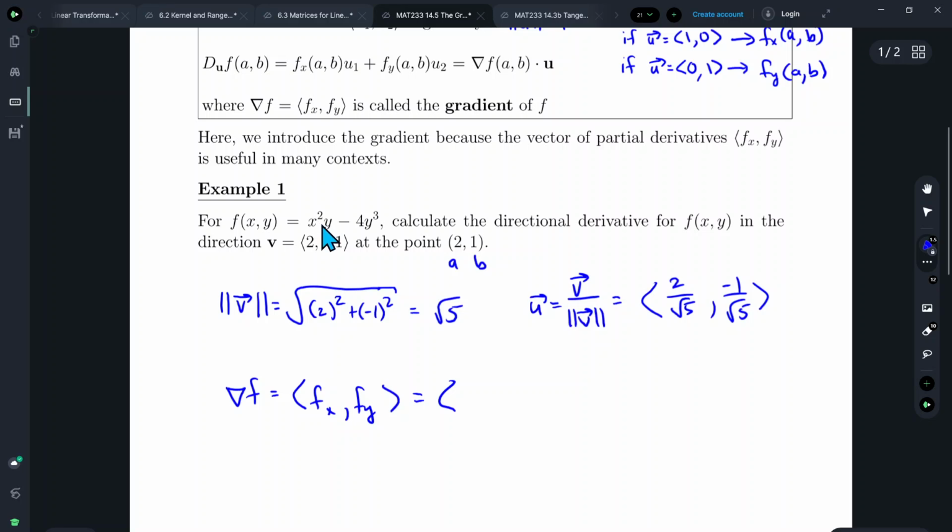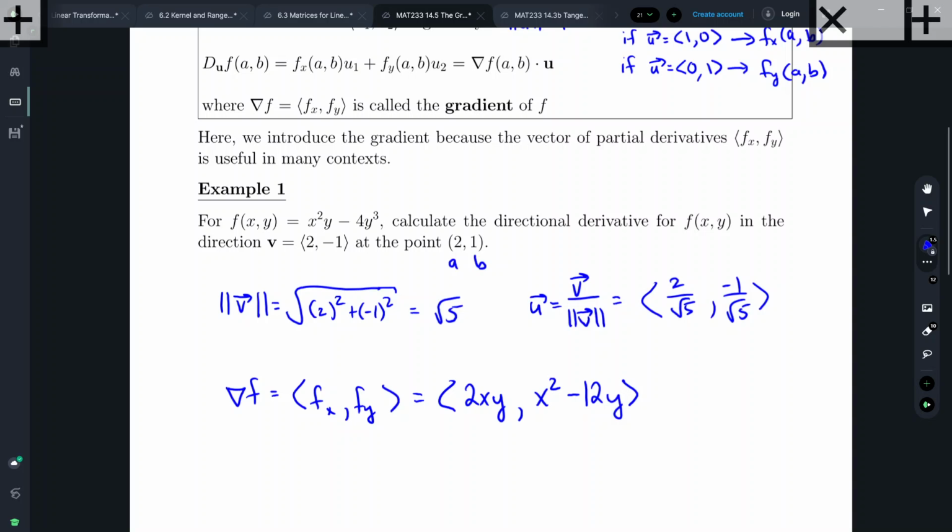Taking the derivative here, y is a constant, so you get 2xy. And this only contains y, so for the partial with respect to x, this term goes away. And then now the partial with respect to y, so now this is constant, so it's just a constant times y, so you get x squared. And then here we just differentiate with respect to y, so that's minus 12y.